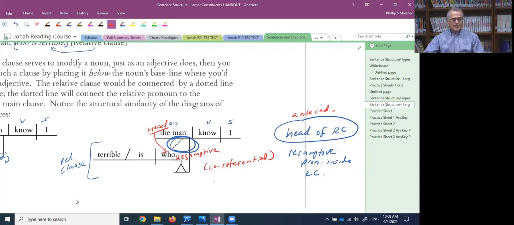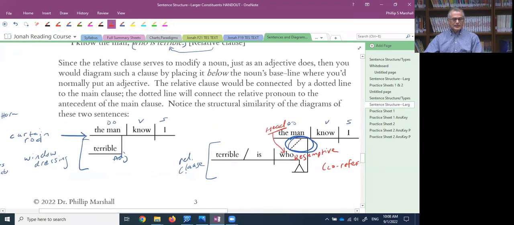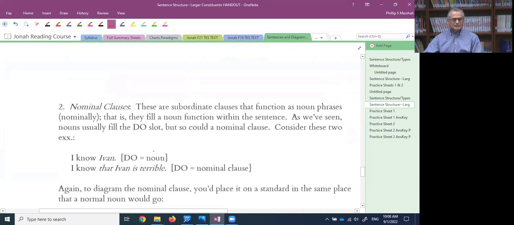Now, there is a dotted line that I'm going to use in my diagram to connect those two. You may not understand yet why I do that, but it will become clear as we move on why that's an important thing to know. All right. So that's a relative clause.